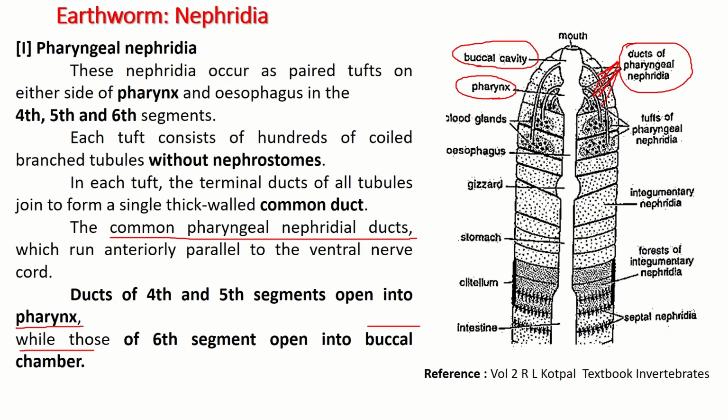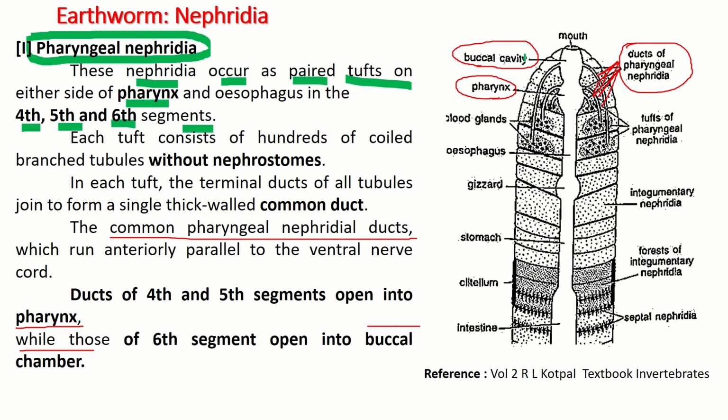First, pharyngeal nephridia. According to the name, these nephridia occur in the pharynx. They have a relation with the pharynx, so they are called pharyngeal nephridia. They occur as paired tufts on either side of the pharynx and esophagus in the fourth, fifth, and sixth segments.